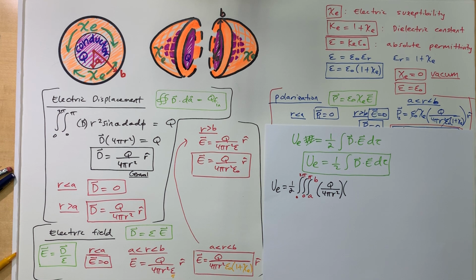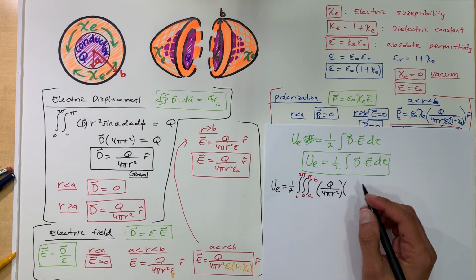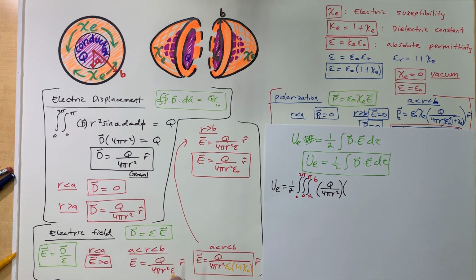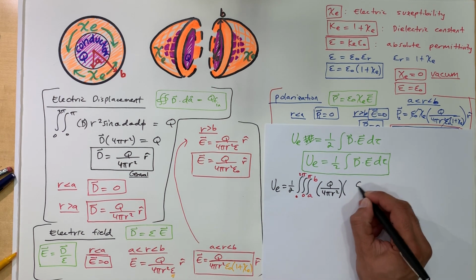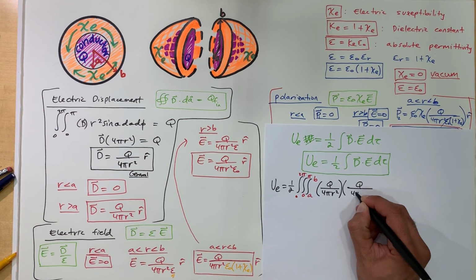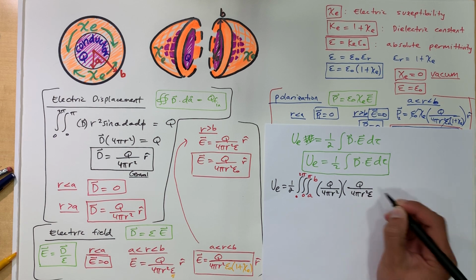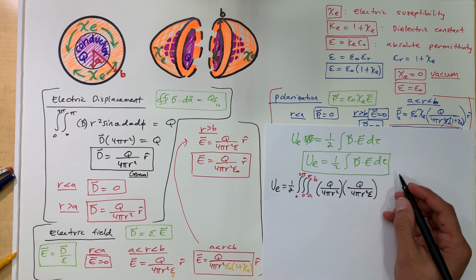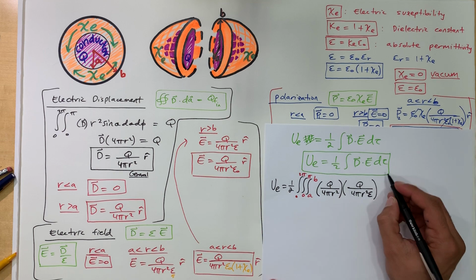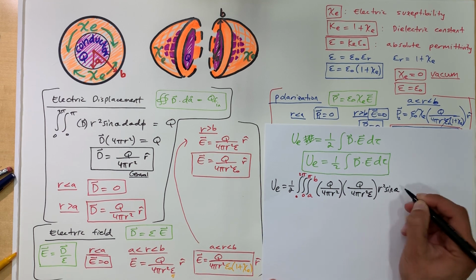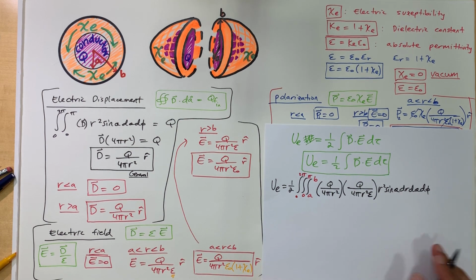All right, so let's leave this in this expression for now, but we know that we can write it like that. So for simplicity of this long integral, for a second I'm going to leave it with this E. So we got Q over 4 pi r squared epsilon for the E, and then our Jacobian, r squared sine theta dr d theta d phi.